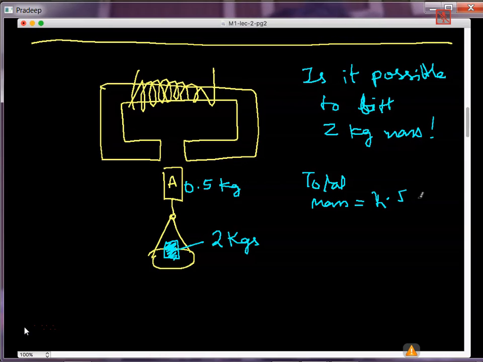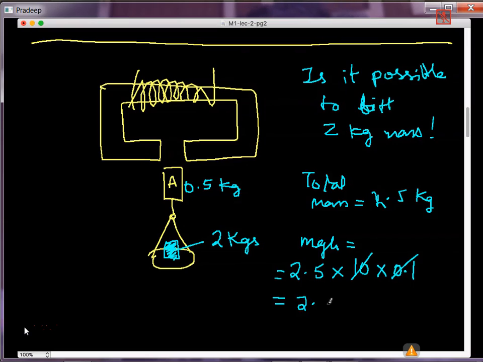Then you see mgh. So mass is 2.5 and gravitation is 10. So 9.8 I am approximating to 10, and then height is 0.1 meter. So these two will cancel out each other. So 2.5 joules is required.